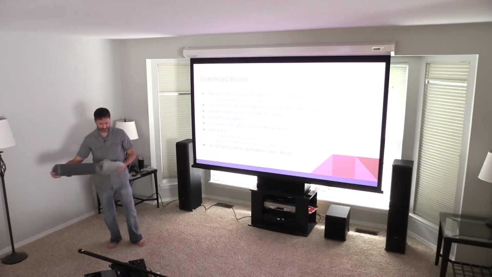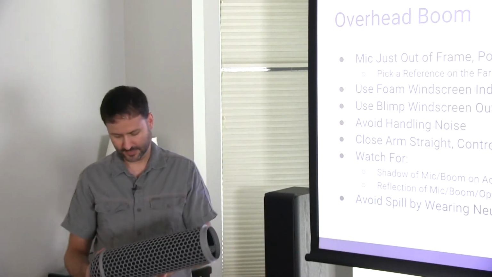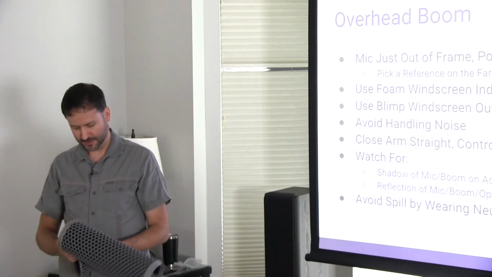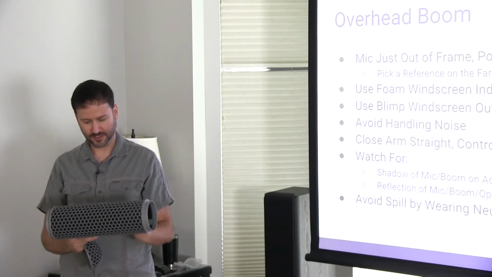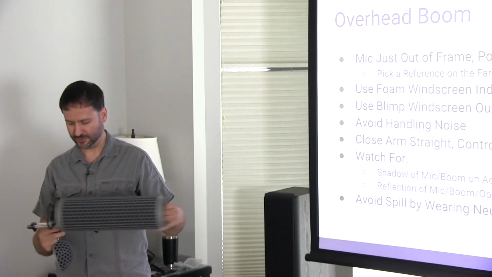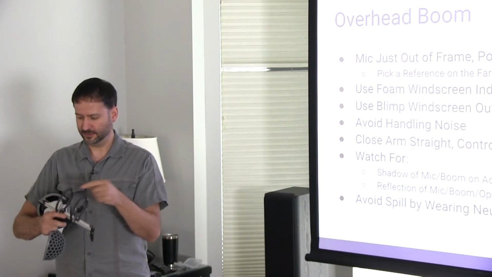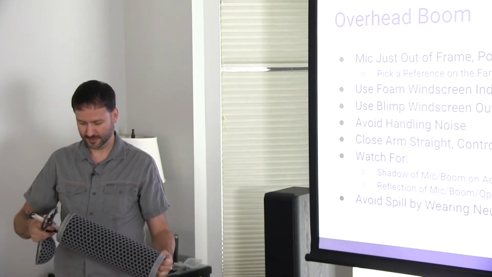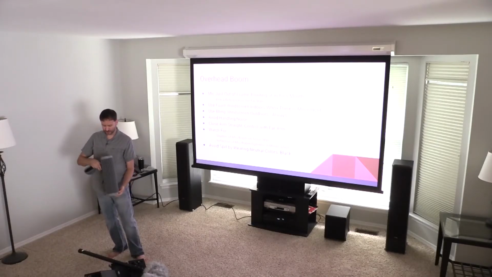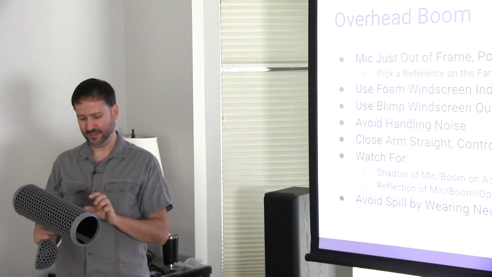So this is called a blimp. It has its own shock mount or microphone suspension system. So you mount your microphone in here, you route your cable out, and the way this works is instead of the wind hitting the diaphragm of the microphone, it hits this.